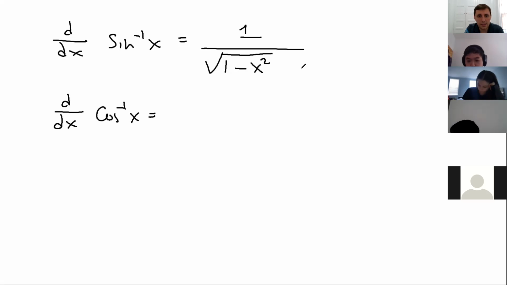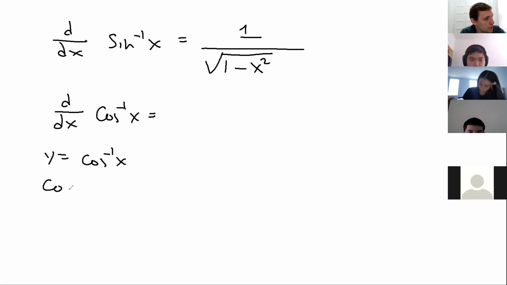All right, nice. So what do you do, guys? You set y equal to cosine inverse x, and so cosine of y is equal to x. And so take the derivative of cosine, it would be minus sine y times y prime is 1.